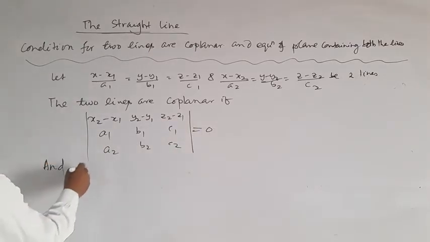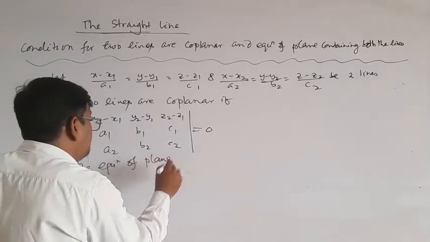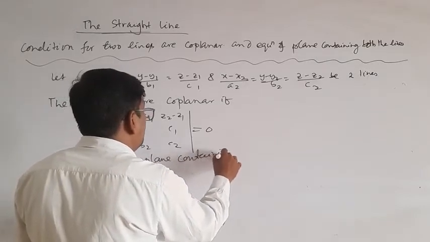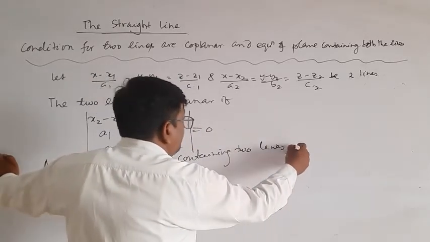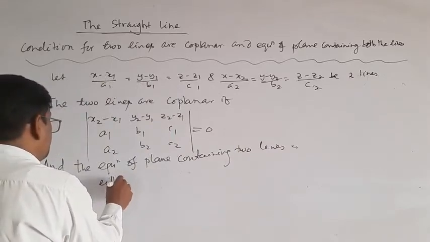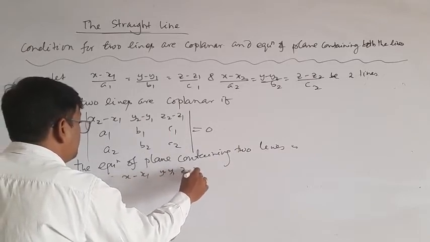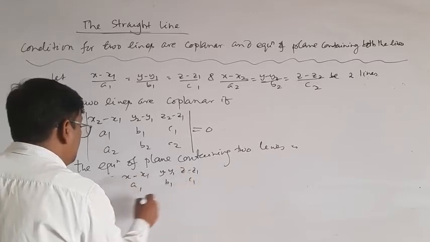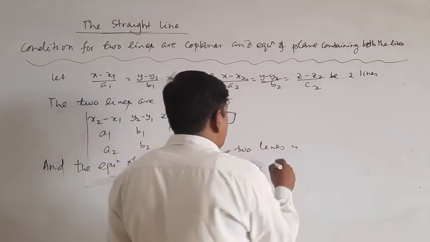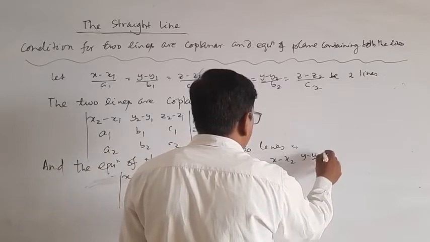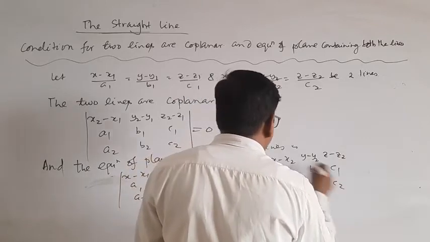And the equation of plane containing the two lines is either, you write, the determinant with rows x minus x1, y minus y1, z minus z1; a1, b1, c1; a2, b2, c2 equal to 0, or we can write the determinant with rows x minus x2, y minus y2, z minus z2; a1, b1, c1; a2, b2, c2 equal to 0.